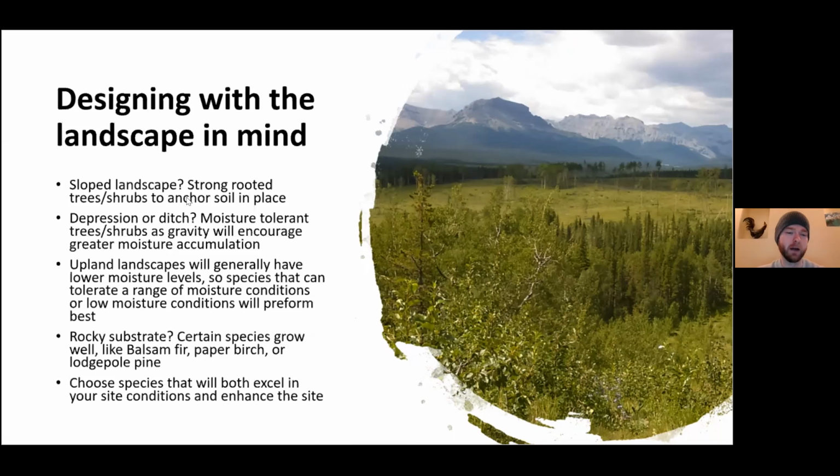If you have depressions or ditches in the land that you're planting over, those generally will have higher moisture content, just due to gravity wanting to place that water in the lowest spot possible. So you're going to have greater moisture accumulation. Choose plant species that have a nice moisture tolerance or really enjoy water and can take that up without being overwhelmed.